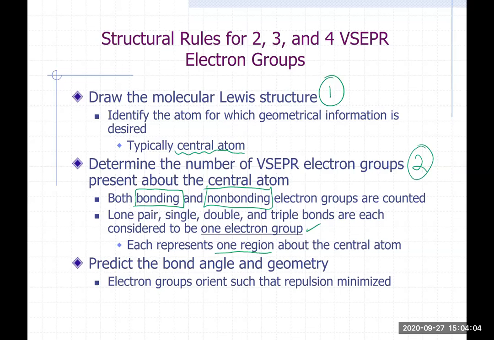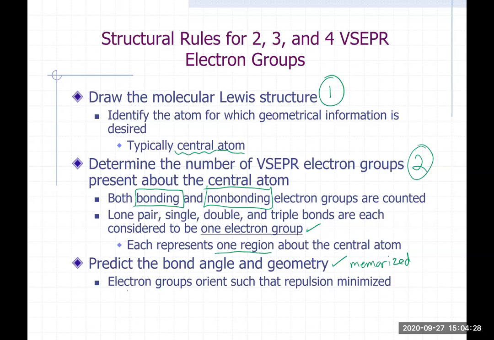And then we predict the bond angle and the geometry because we memorized. For small molecules, we memorize the bond angle and the geometry that is associated with a specified number of bonding and non-bonding electron domains surrounding a central atom.